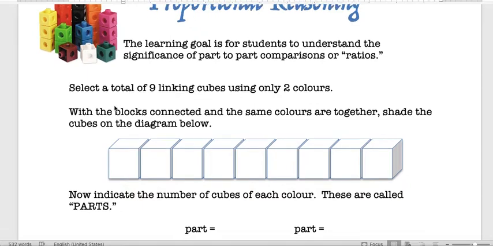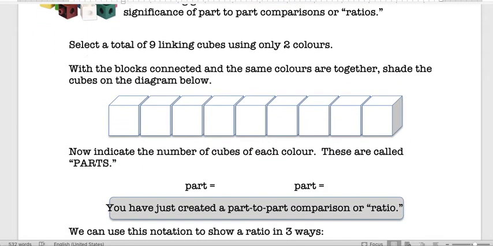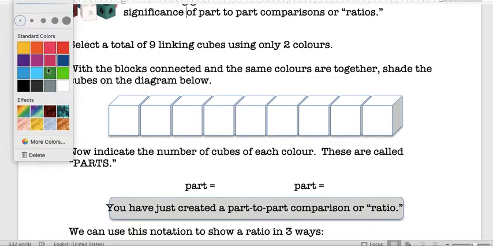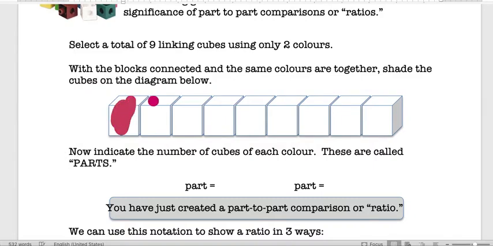So if we were to do this in class together, I would have had you select a total of 9 linking cubes. But since we're not together, I will select them for you. So with the blocks connected and the same colors together, shade the cubes on the diagram below. So this is what I would have picked.